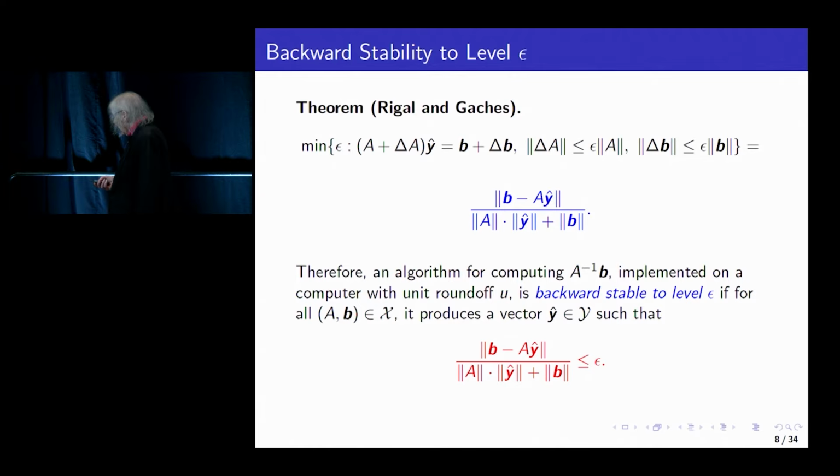So an algorithm for computing A inverse b implemented on a computer with unit round-off u is backward stable to level epsilon if for all A, b in the input space, it produces a vector y hat that satisfies the relative residual is less than or equal to epsilon.